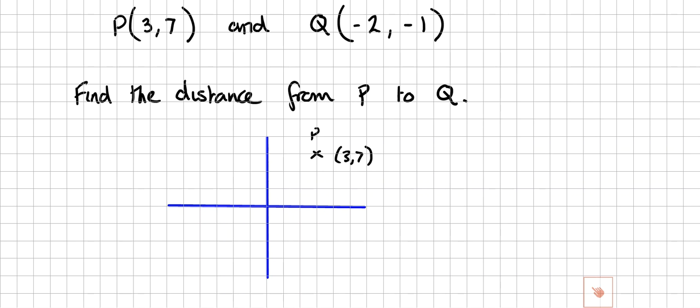And you can see that's not correct on my scale, right? I don't care though. I just want to see roughly where it is. That's how my brain works. And then Q needs to be down here somewhere, yeah? At -2, -1. Now, actually, that one could be in the right place, right? But I'm not so worried.